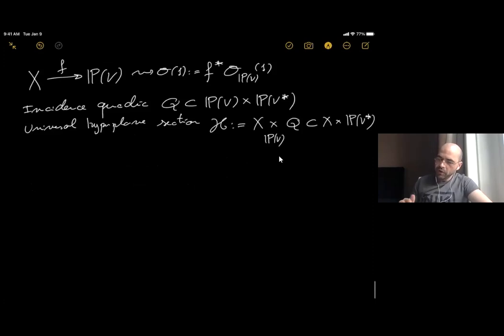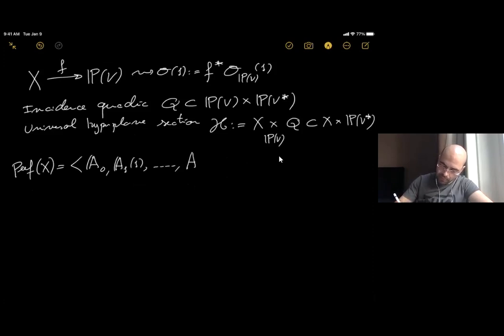And now the point is that suppose that we know something about this category of X, of my variety. Suppose that it admits what is called a Lefschetz decomposition.